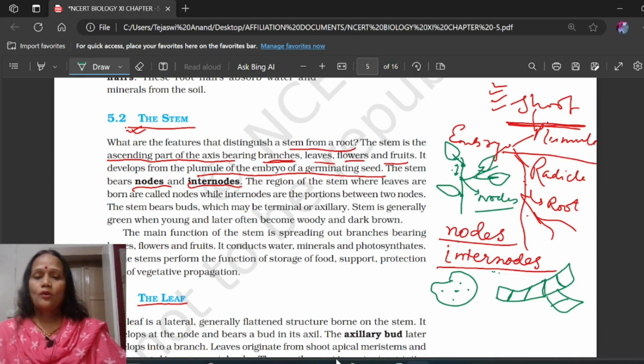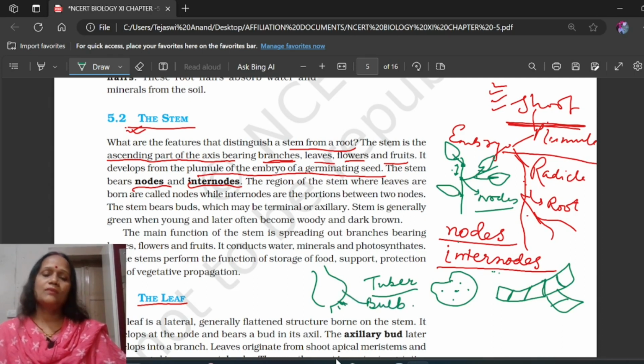This is the potato. Potato is known as tuber. In the same fashion we can see here the bulb. Bulb means onion. These all are stems. They are not roots. They are found under the ground, but they are not roots because they are modified stems.